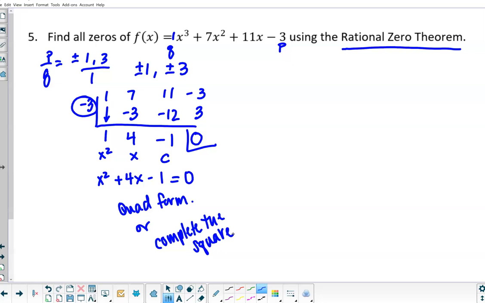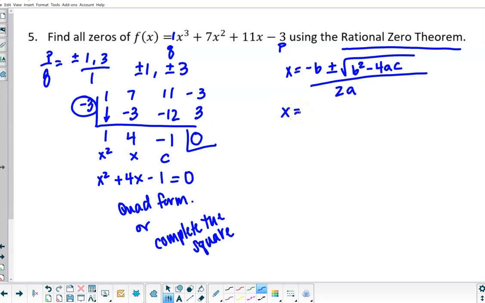So that one is not bad at all. I'll go ahead and just do the quadratic formula so you can see that one again. Okay, quadratic formula to solve for our other zeros. So x equals -b plus or minus the square root of b squared minus 4ac, all over 2a.